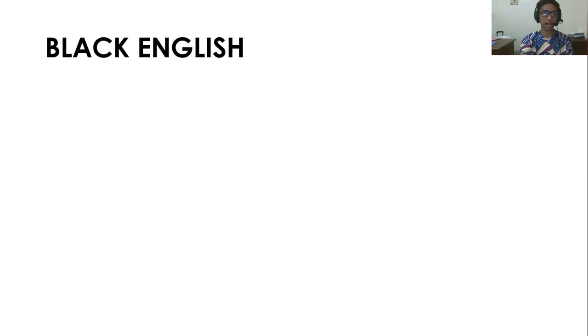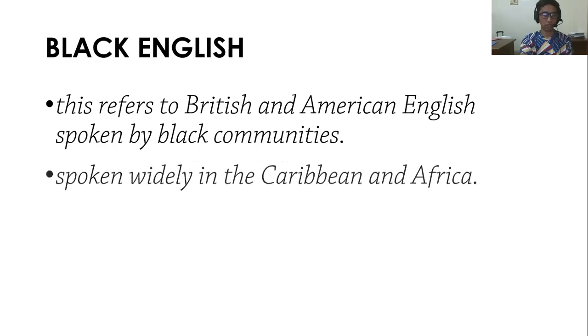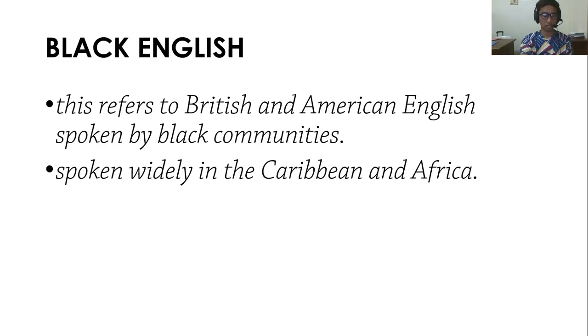The third one is Black English. This refers to British and American English spoken by Black communities in the US and UK. It also refers to a variant of English spoken widely in the Caribbean and Africa.